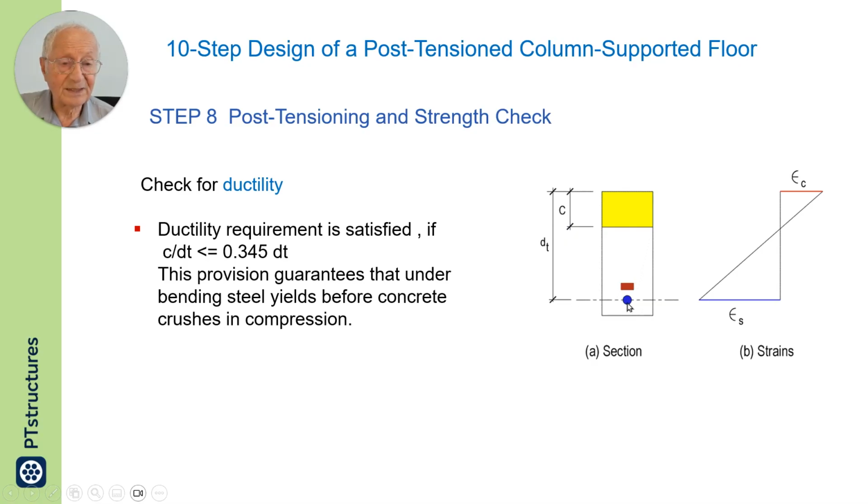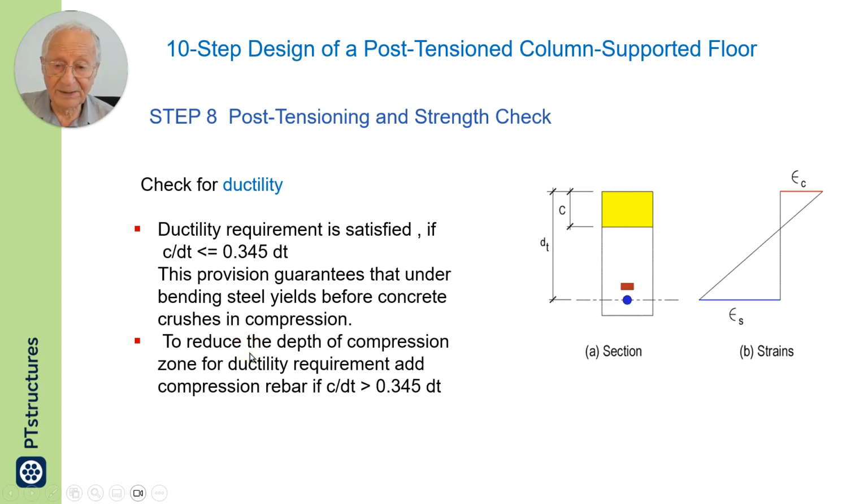You yield here before crushing of concrete, so there will be warning to others of pending failure. To reduce the depth of compression zone for ductility requirements, you can add compression rebar. Adding compression rebar will reduce C as a remedy.